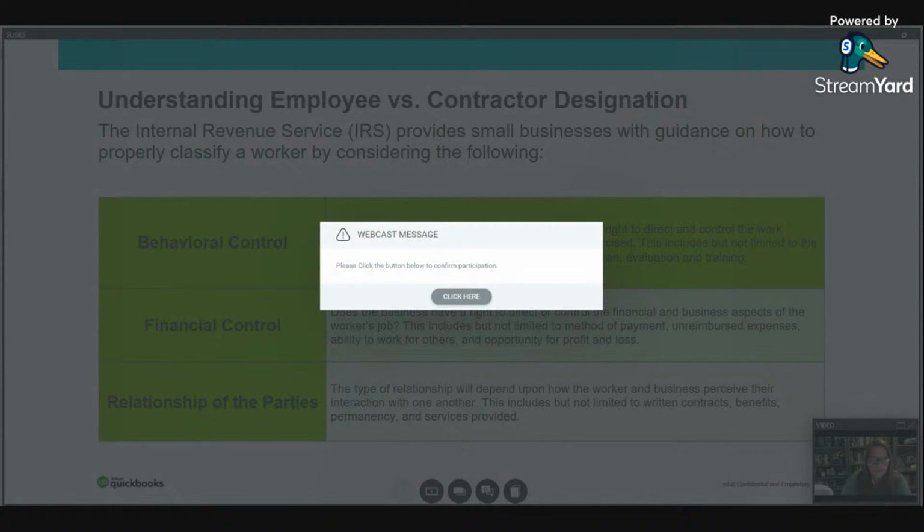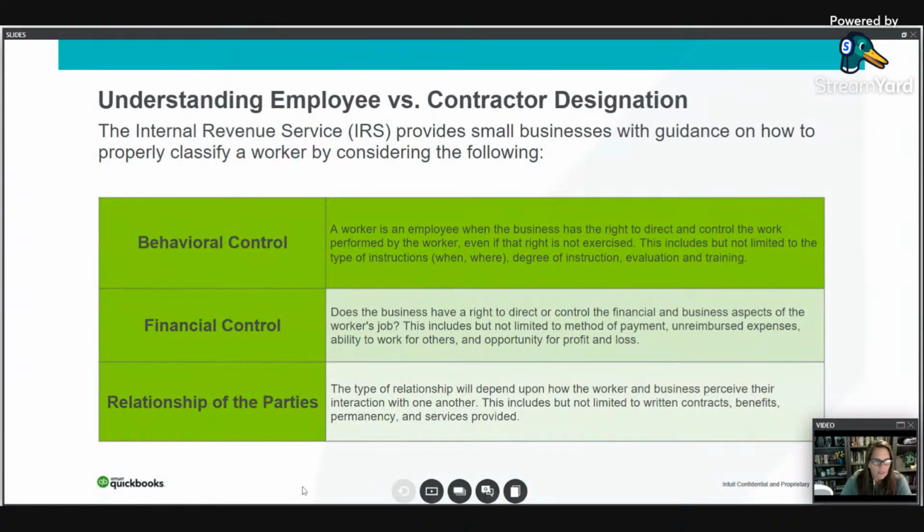The categories for behavioral control include the type of instructions given, such as where and when to work, what tools to use, or where to purchase supplies and services. Receiving these types of instructions may indicate a worker is an employee. Then there's the degree of instruction. More detailed instructions may indicate that the worker is an employee. Less detailed instructions reflect less control, indicating that the worker may be an independent contractor.